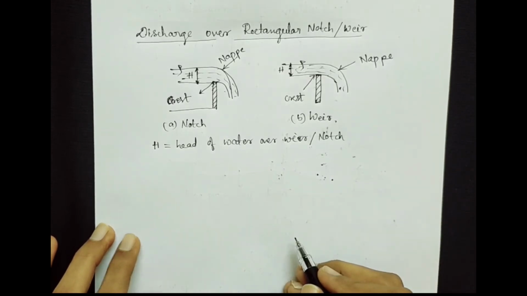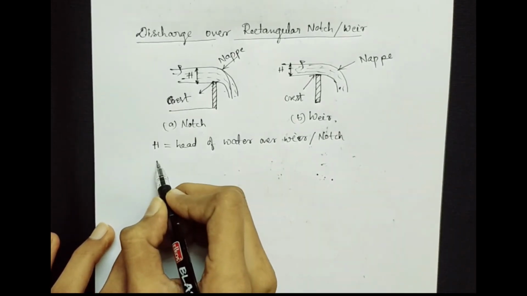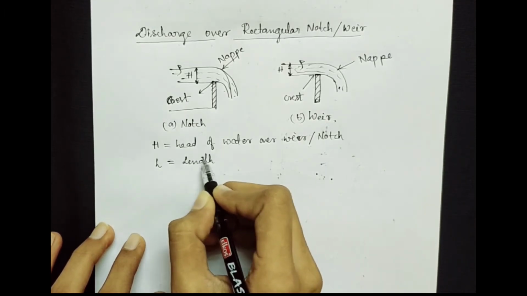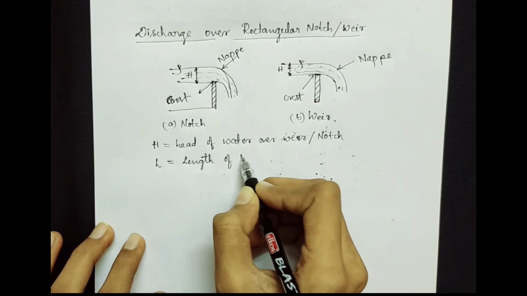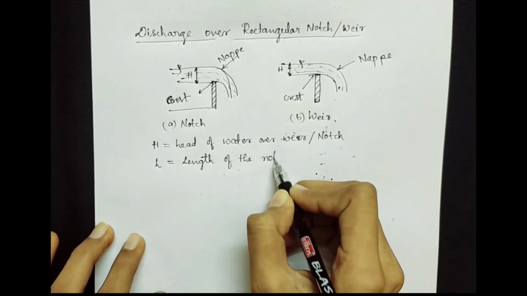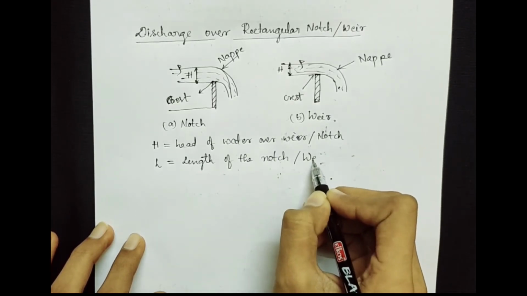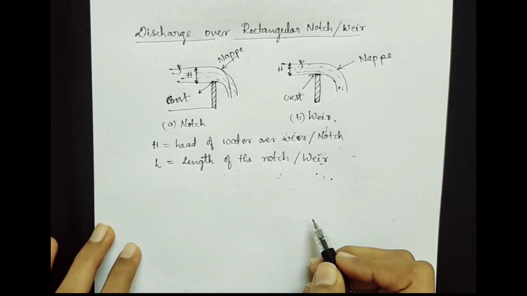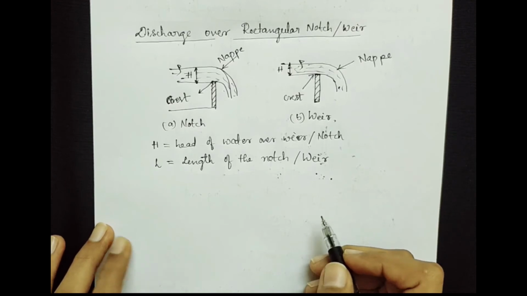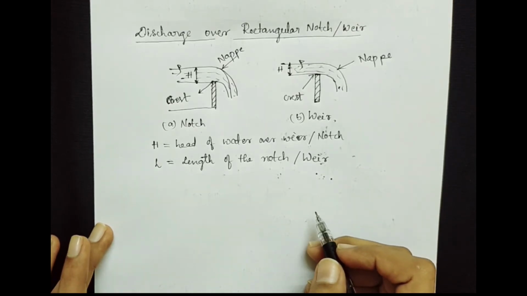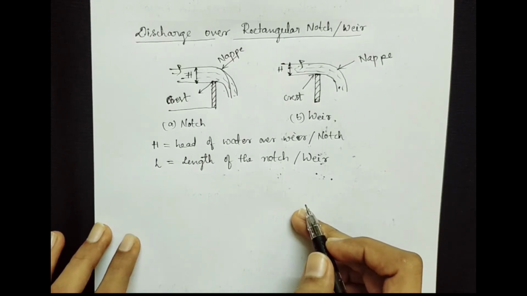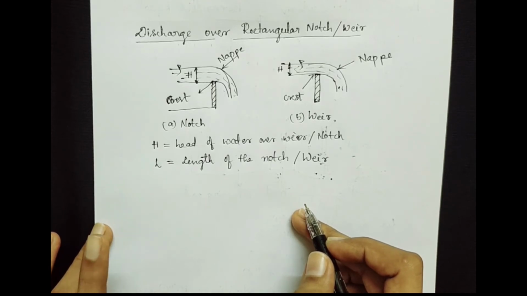Here we'll consider L as the length of the notch or weir. To find the discharge of water flowing over the weir or notch, we have to consider an elementary strip of water.